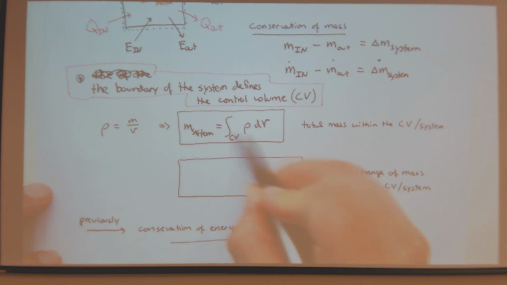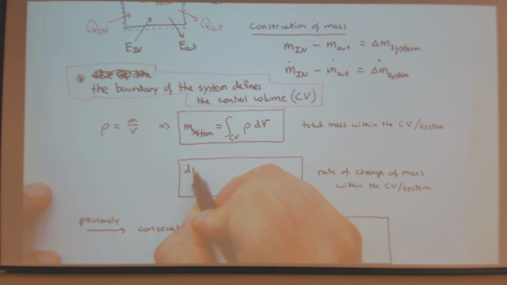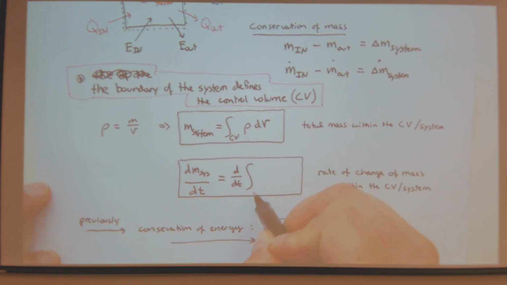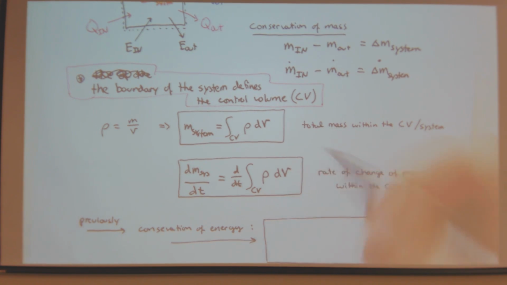Now I can take the derivative of this, d mass system dt, and then all I have is d dt, the integral over my control volume, rho dv.